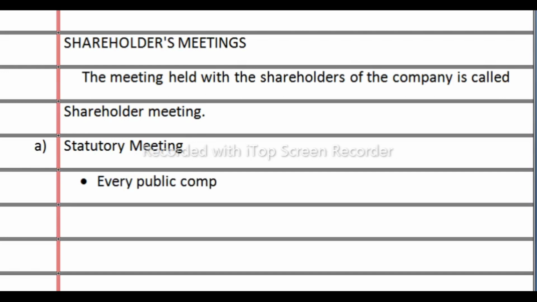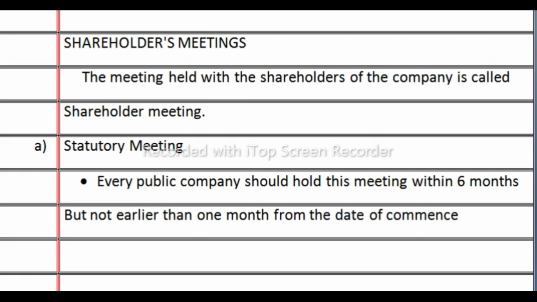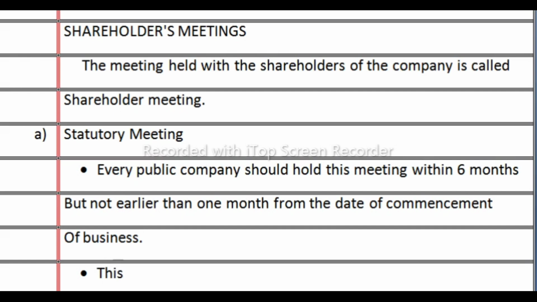A statutory meeting is the meeting which is held by every public company within 6 months and not earlier than 1 month after it has commenced its business. This meeting is considered to be the first general meeting, and it is only held once in the lifetime of the company.